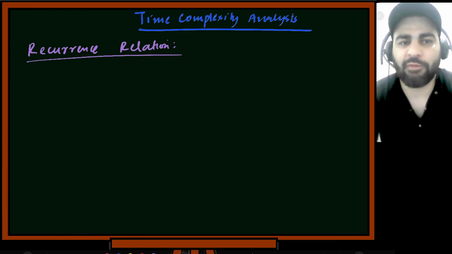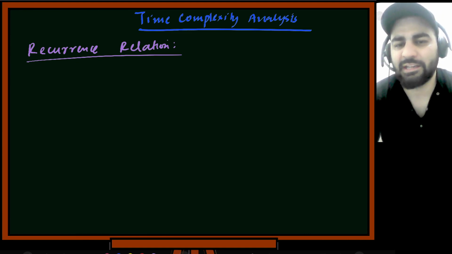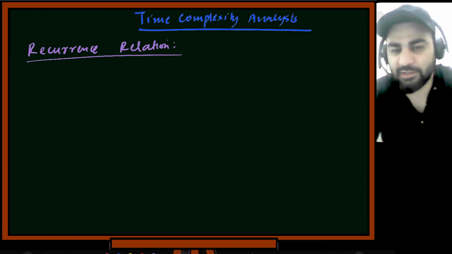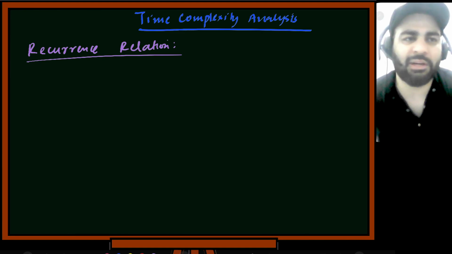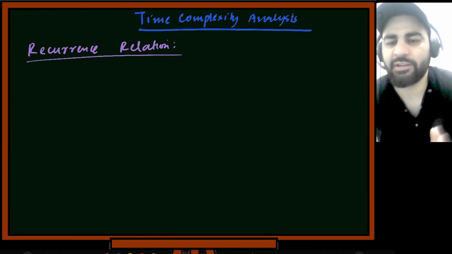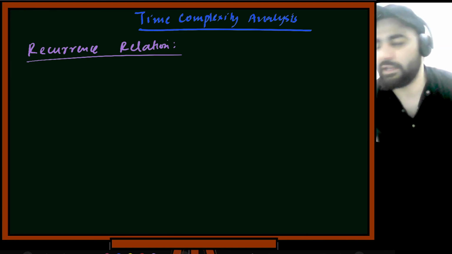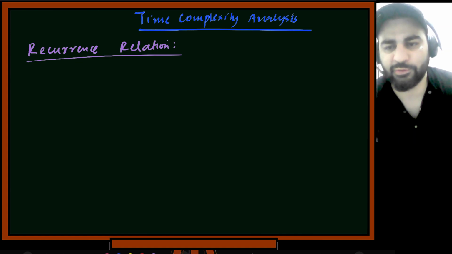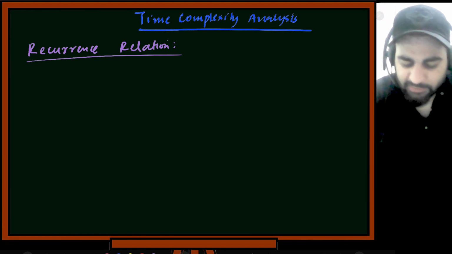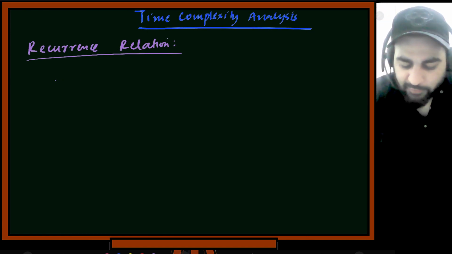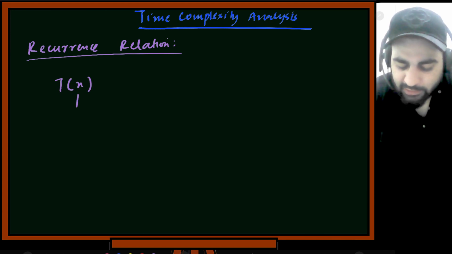First we would see what a recurrence relation is. In a nutshell, I would like to give you a definition. Recurrence relations or equations are mathematical equations that describe a function or a sequence of terms in terms of its previous values. In the context of algorithms, they are commonly used to analyze time complexity. So how is the formulation? Let's suppose t of n means time taken on input n.